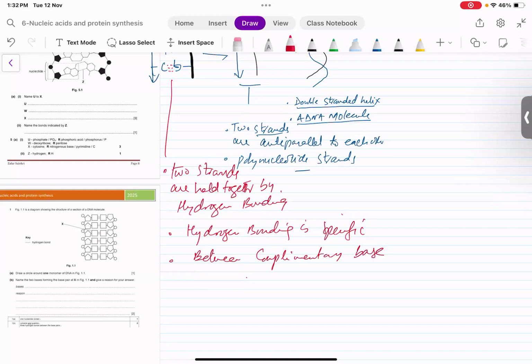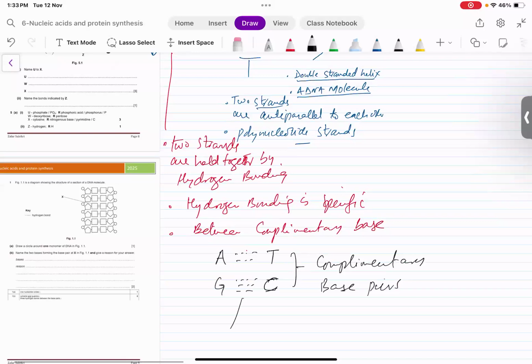Aur wo kya hai ki A will always make double hydrogen bond with thymine, and guanine will always make triple bond with cytosine. Okay, so this is complementary base pairing. Complementary base pairs.